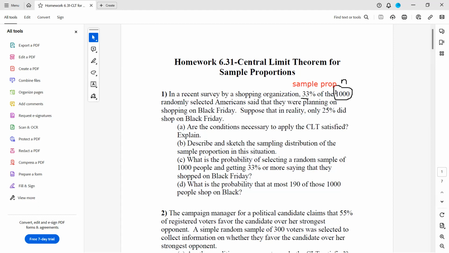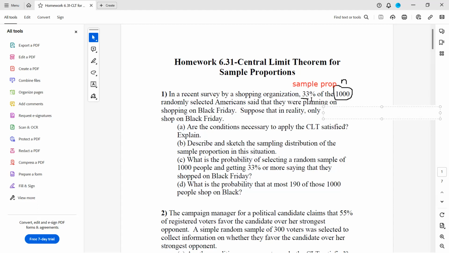33% of the 1,000 people in my sample said that they were planning on shopping on Black Friday. But in reality, only 25% of people actually did shop there. So when we do that, this is the percentage.